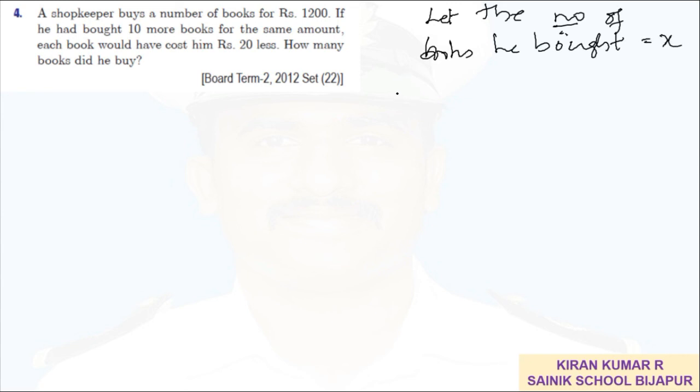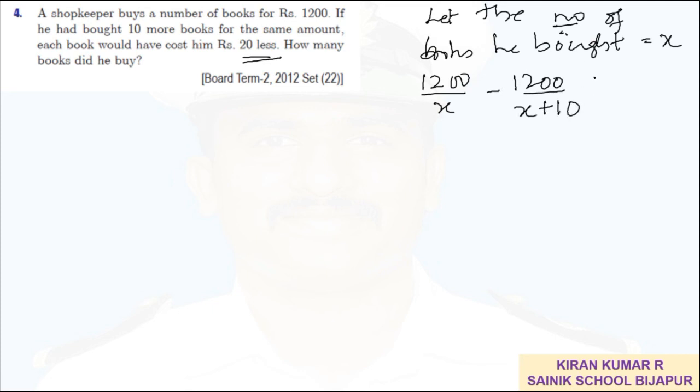According to the question, each book would have cost him 20 rupees less if the number of books is 10 more, isn't it? So 1200 by x will give the cost of each book, minus 1200 by (x plus 10).